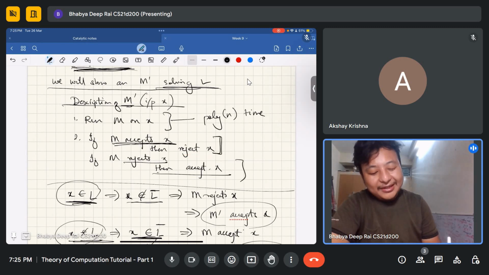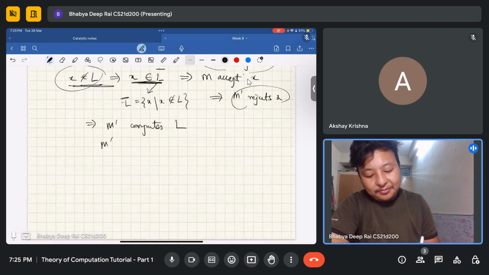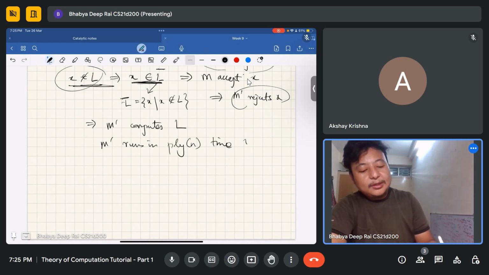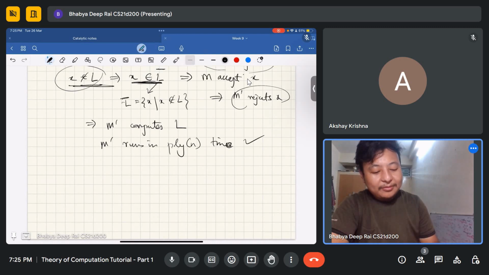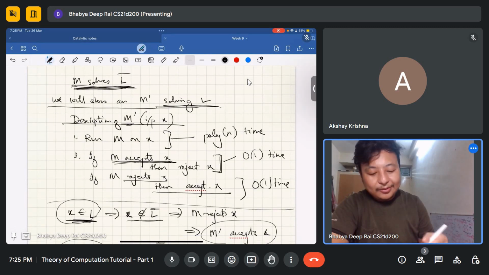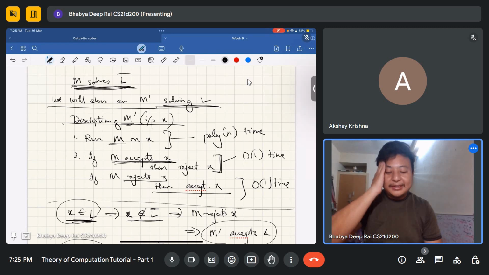This checking will only take order one time. So M prime runs in deterministic polynomial time. Why? Because there's no non-determinism here. I am not making non-deterministic guesses, and because M is also deterministic, this entire thing is deterministic.